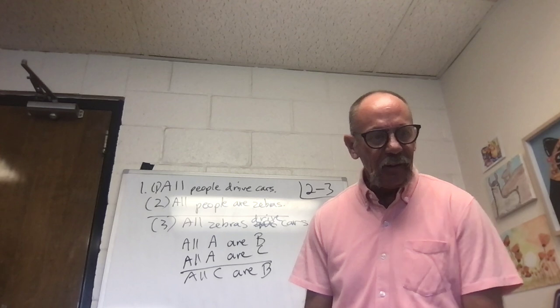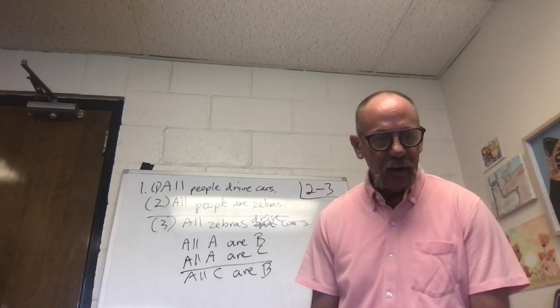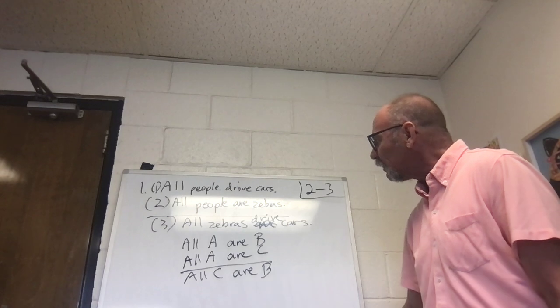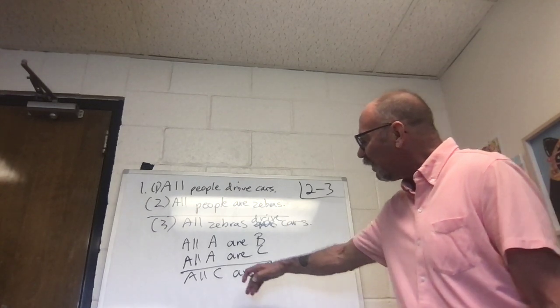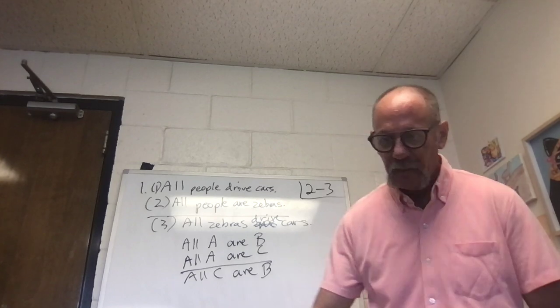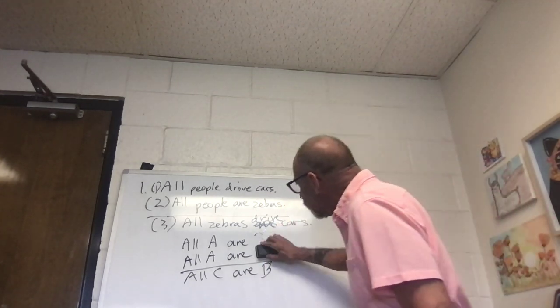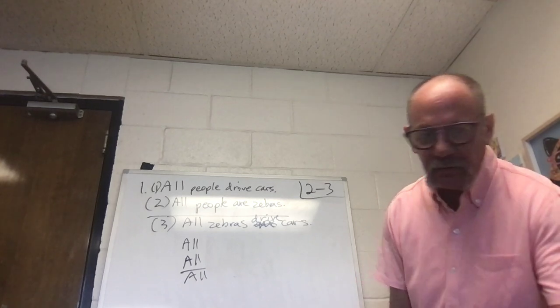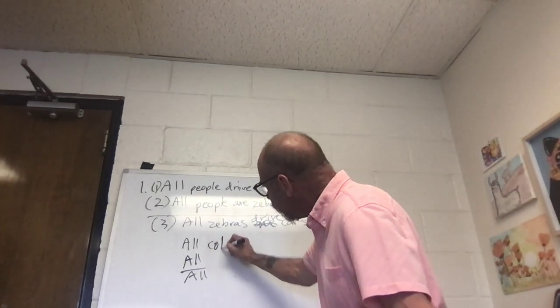But how about this? Let A stand for college students. Let B stand for go to college. And let C stand for humans. Let's see what that gives us. That would give us all college students go to college.